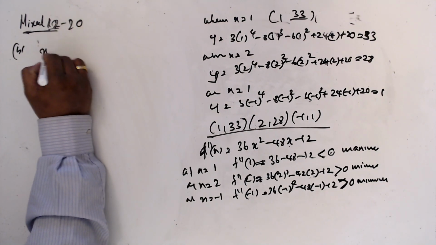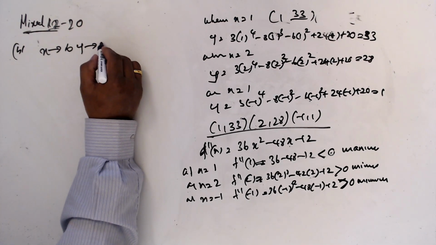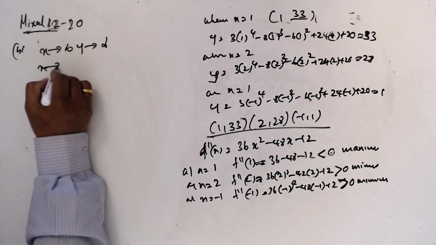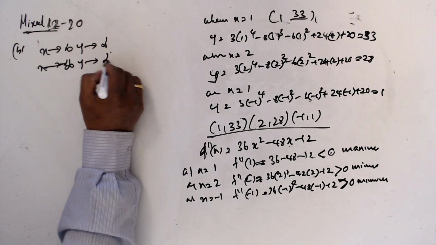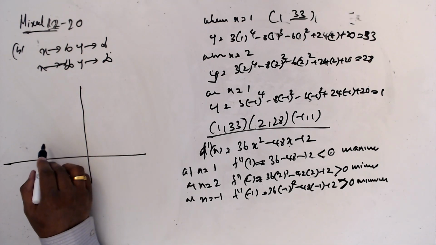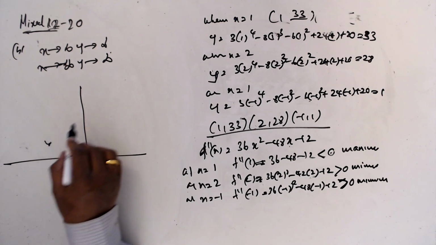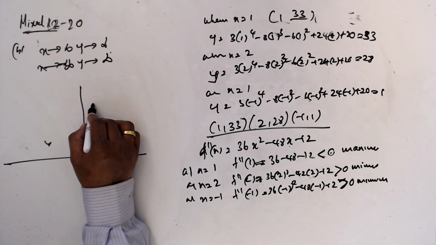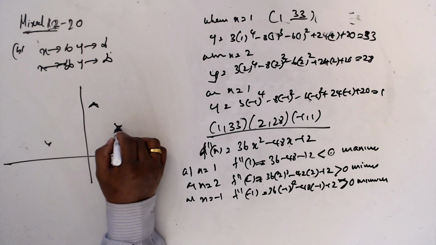Here you know that as x goes to positive infinity, y also goes to positive infinity, and as x goes to negative infinity, y also goes to positive infinity. So now you have the point minus 1, 1, which is a minimum, and 1, 33, which is a maximum, and again 2, 228, which is a minimum.